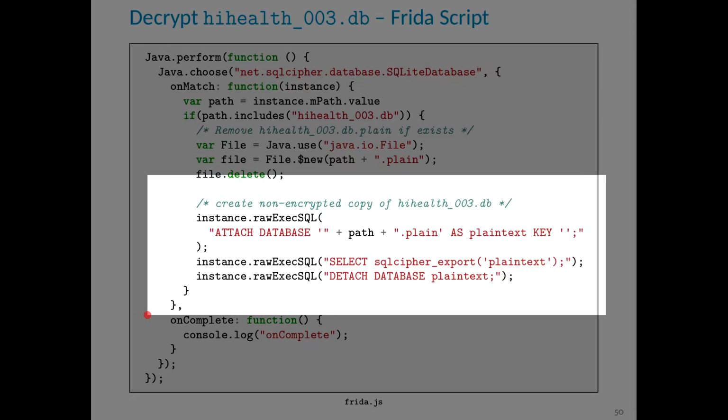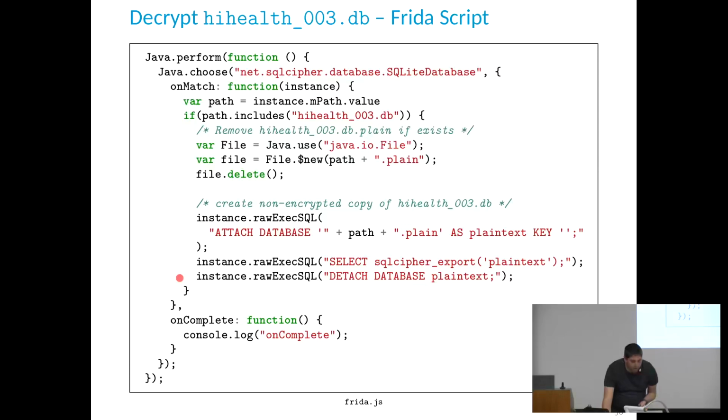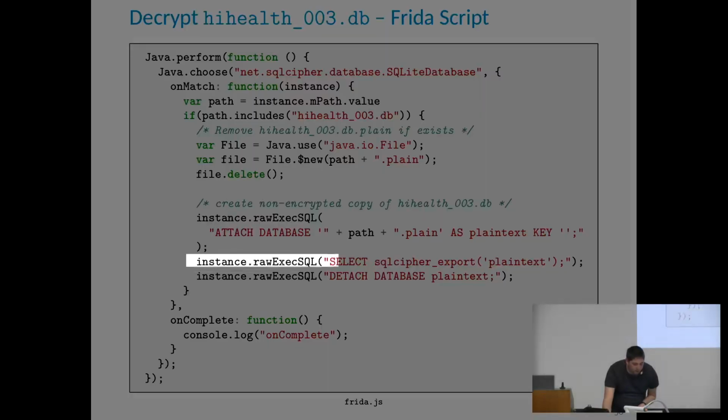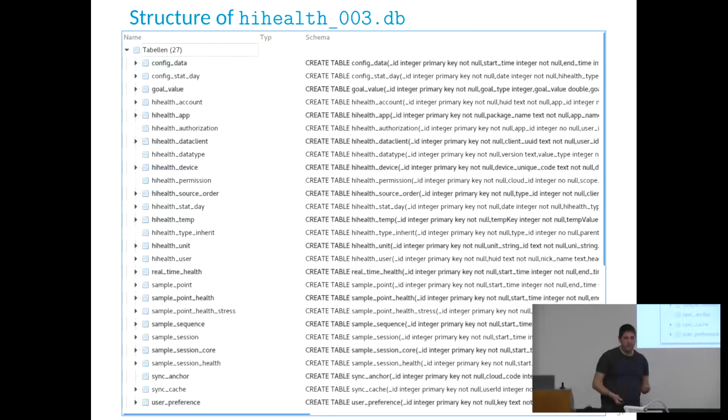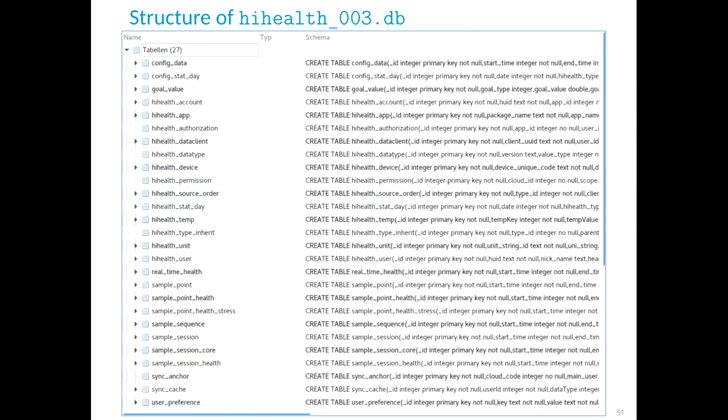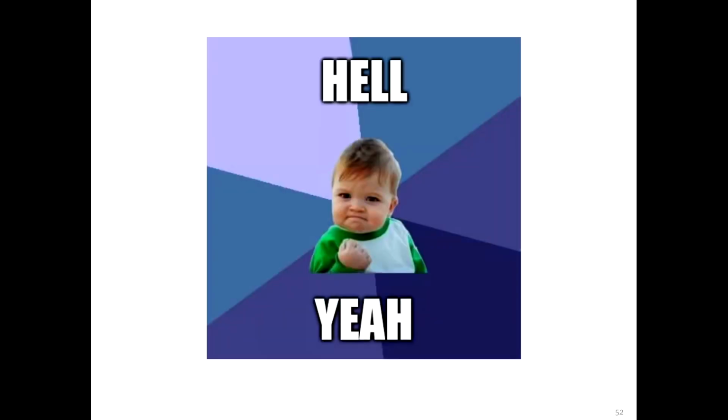And since we got the instance of the database, we got an open database object, so we can call for the instance the methods which are available in your Android application. So you see, it's very easy to do so. It's not much work, but I was able to receive the whole database unencrypted with all my personal fitness data. Hell yeah.